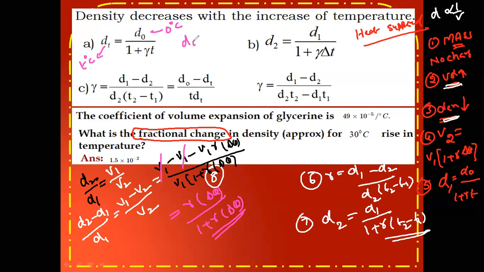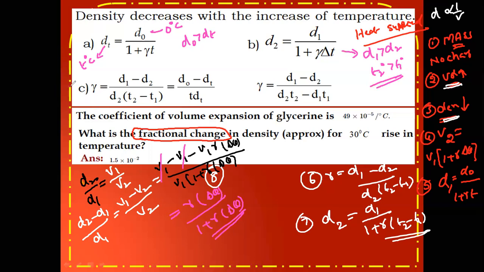So from this, I can say d0 is greater than d. It is the initial density and the final density, so d1 should be greater than d2.